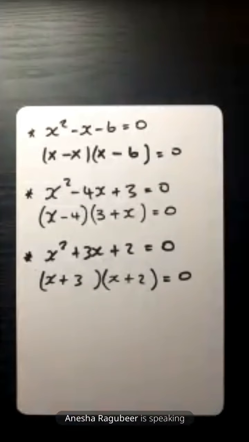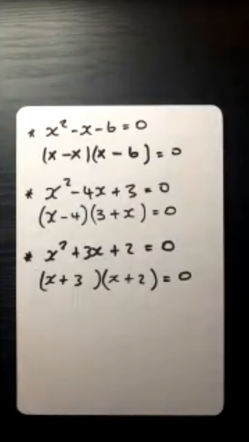The first one we do FOIL: first, outer, inner, last. So what we do is we draw 2 lines where we put it as factors times factors, last times last, and then the middle term is outer times outer and inner times inner.